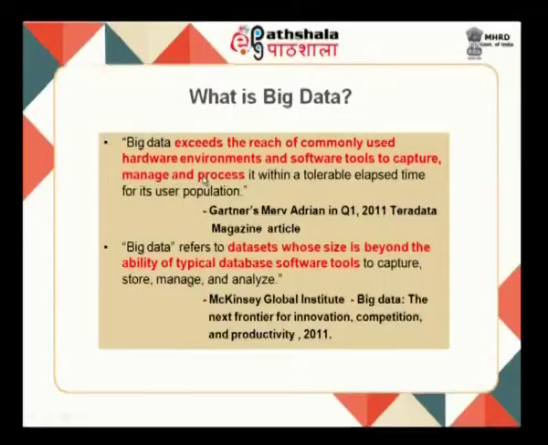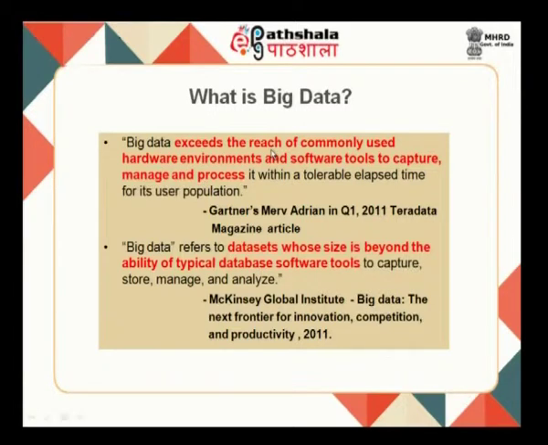So, having understood and got a complete picture about big data, now let us define what is a big data. There are various definitions associated with big data, but two definitions have been accepted worldwide. One definition is big data actually exceeds the reach of commonly used hardware environment and software tools to capture, manage and process.